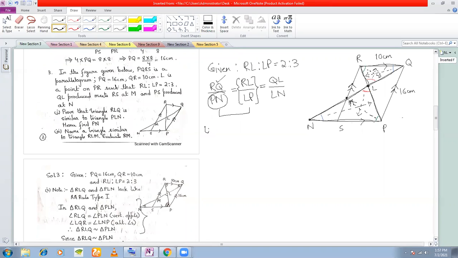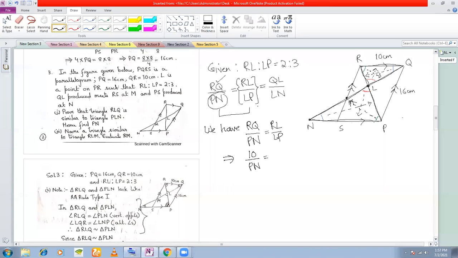So we have RQ by PN is equal to RL by LP. This is RQ. RQ here is 10. PN we need to calculate.